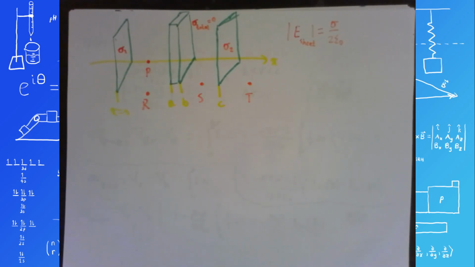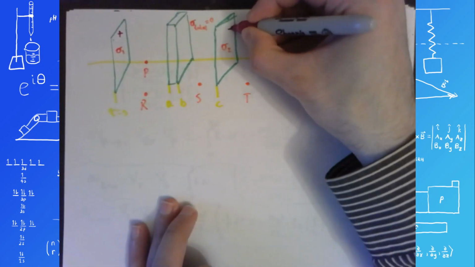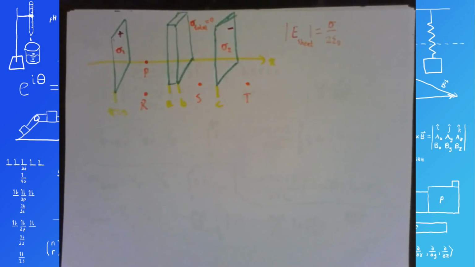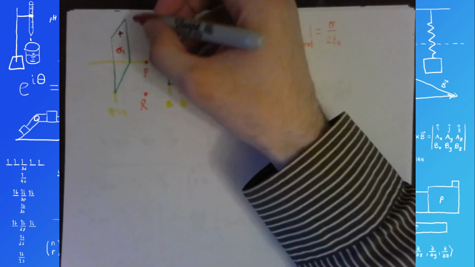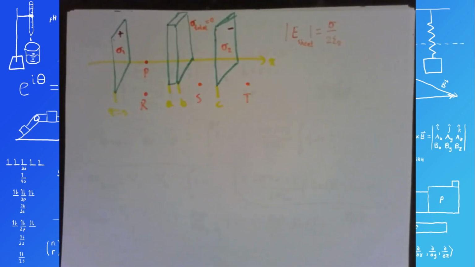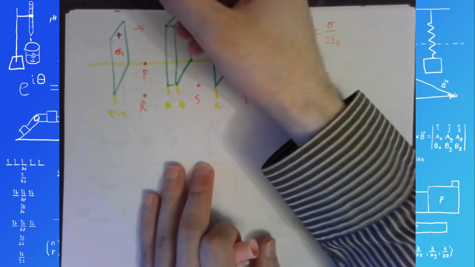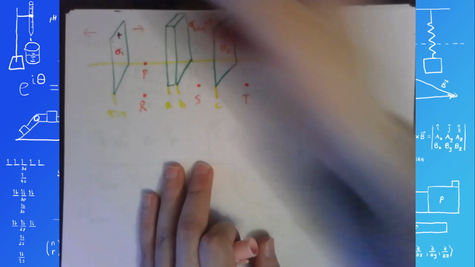Let me take a look. So sigma 1 is positive, sigma 2 is negative, so I'll go ahead and mark this as a positive sheet and this is a negative sheet. I guess I'll draw the electric fields due to sigma 1 in pink. So that's going to be to the right this way, to the left this way.